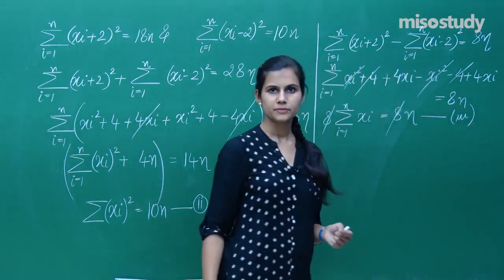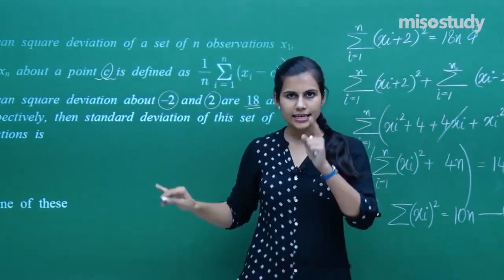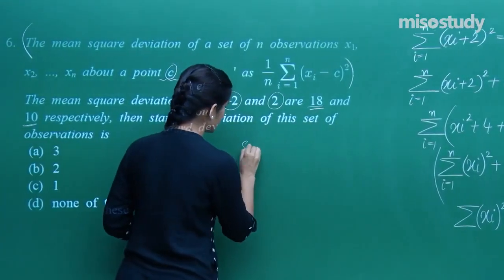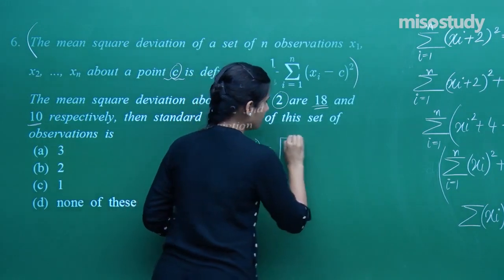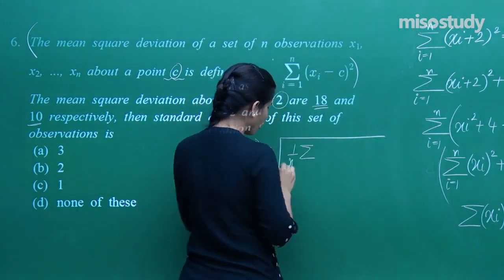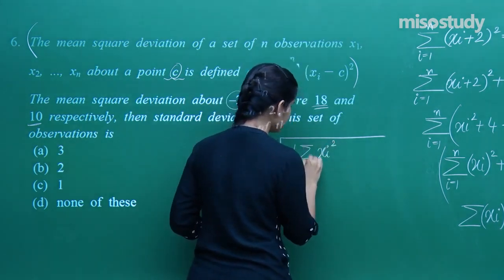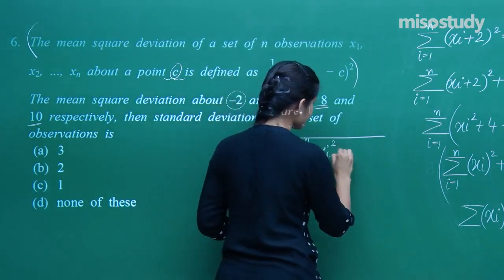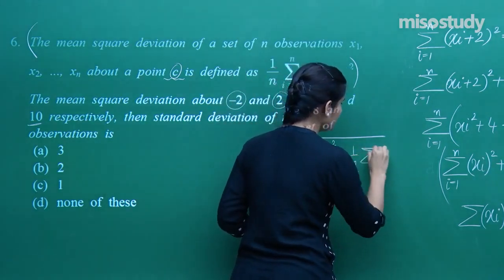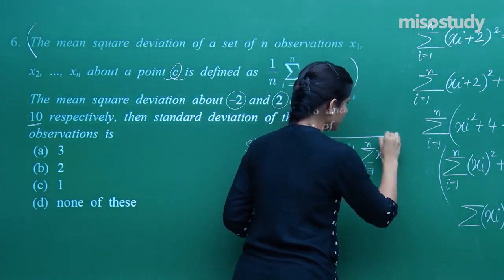third equation. Question was to calculate the standard deviation. Standard deviation is what? Positive square root of the variance. Variance is what? 1 by n summation xi square minus (1 by n summation xi) whole square.